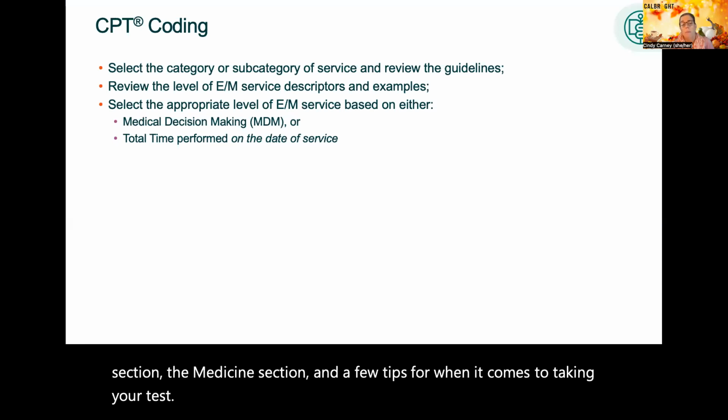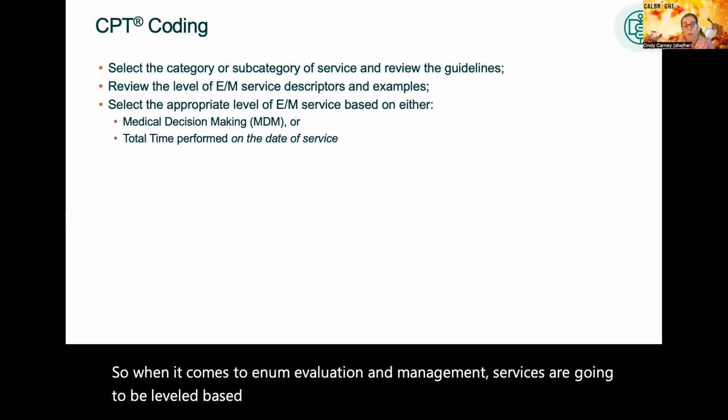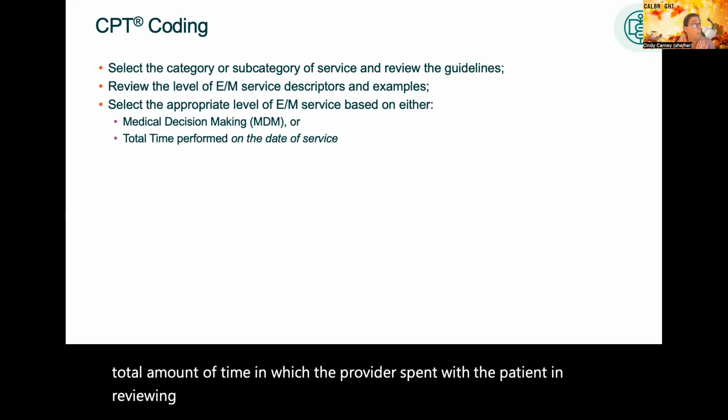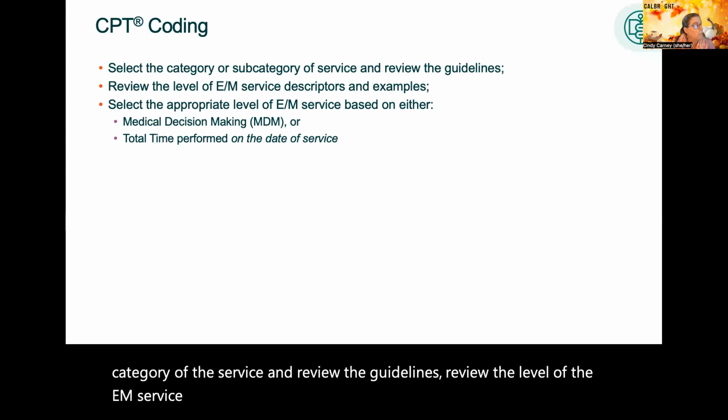So when it comes to E&M, evaluation and management services are going to be leveled based upon either the medical decision-making, MDM, or the total amount of time in which the provider spent with the patient in reviewing documentation. So you want to select a category or subcategory of the service and review the guidelines, review the level of the E&M service descriptors and examples.